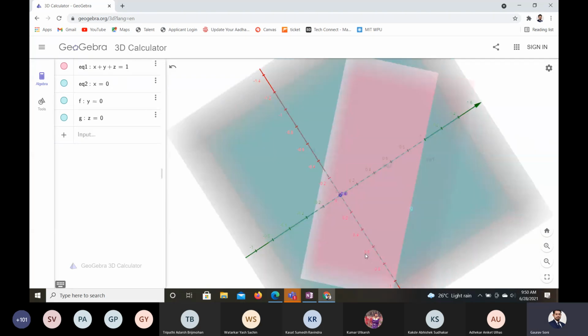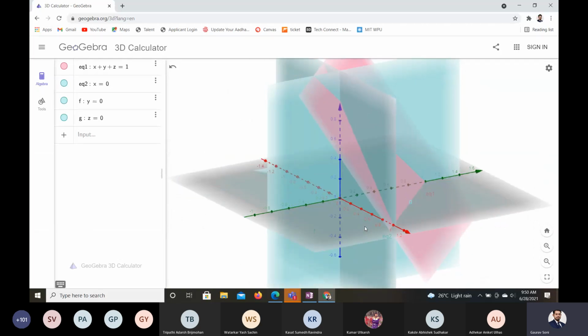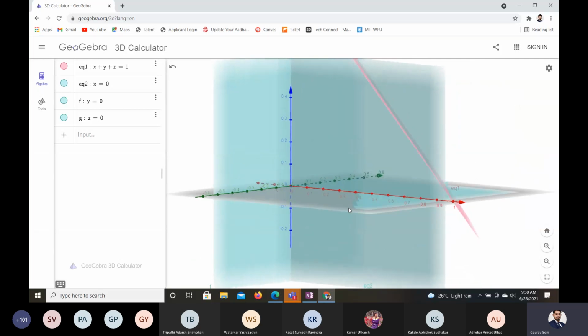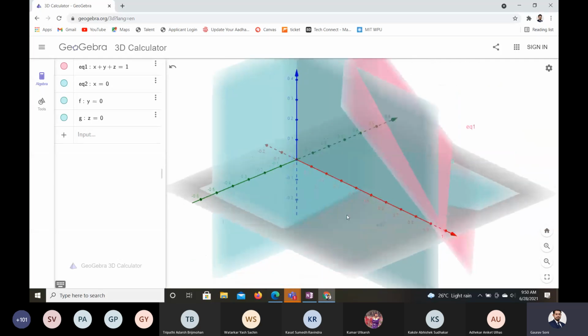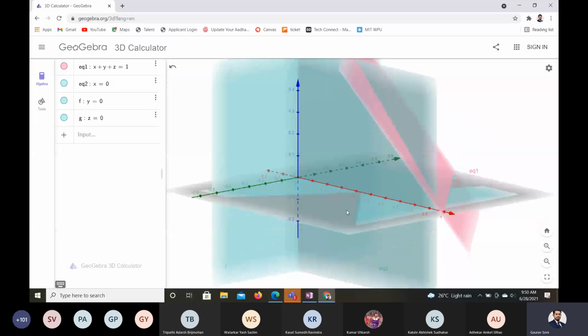So you can see that we have got the planes. So xy plane, yz plane. If you see, the middle part is a tetrahedron type of structure you have got.